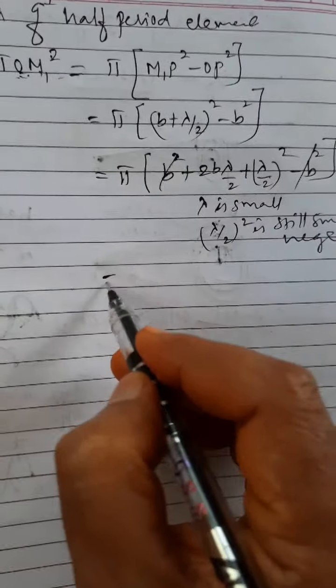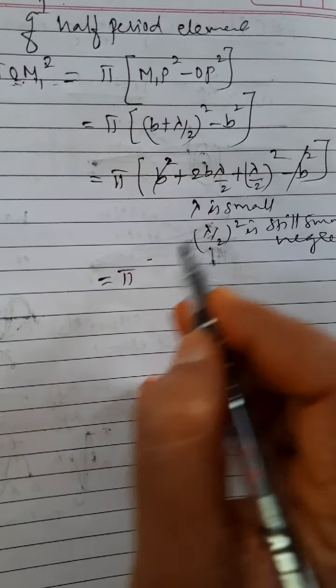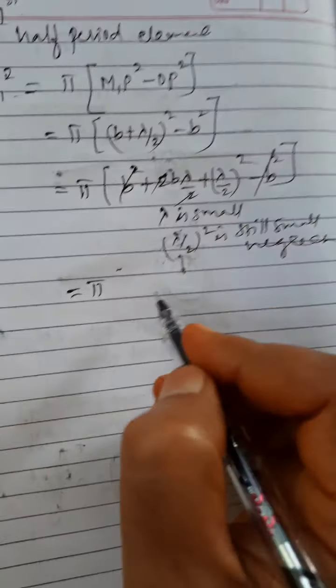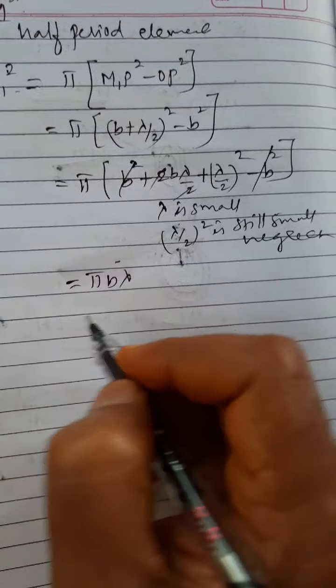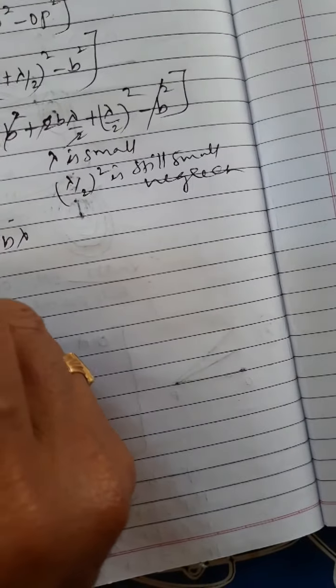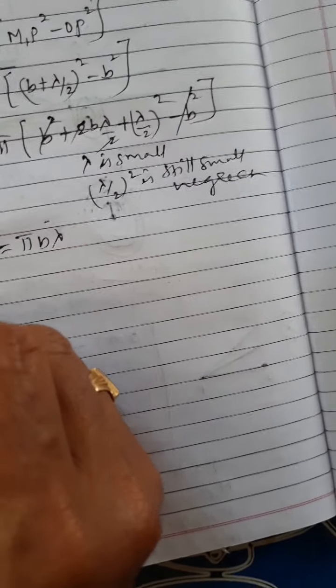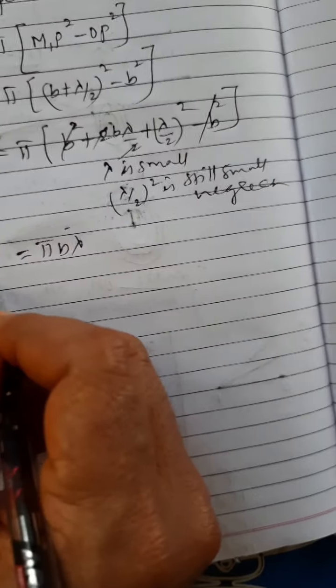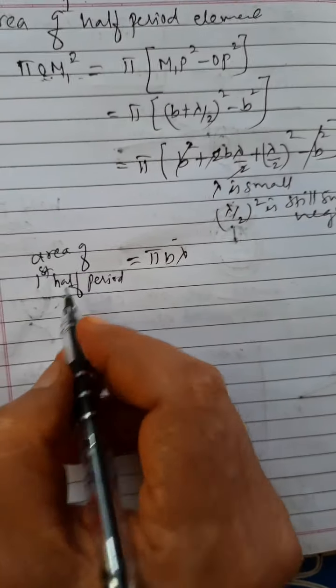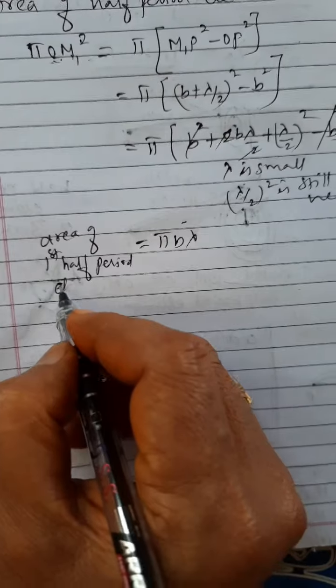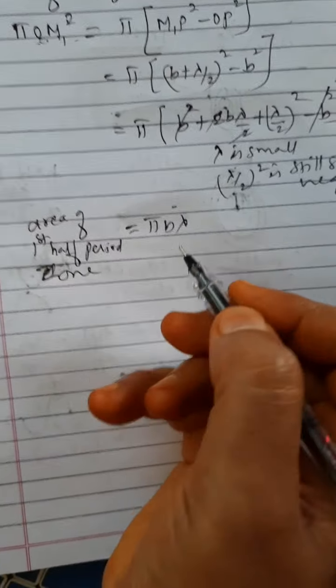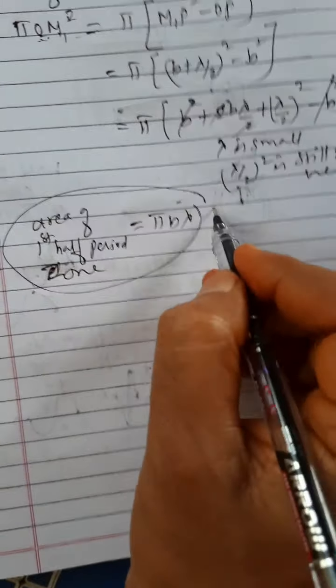Then we end up with pi, this 2 cancels, pi b lambda. So the area of the first half period element or zone is pi b lambda.